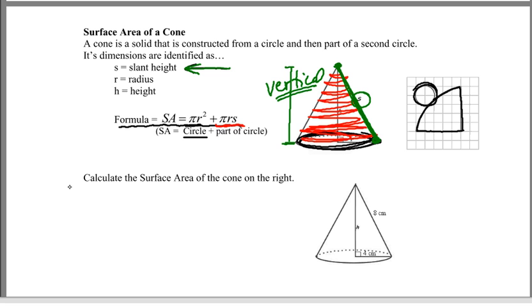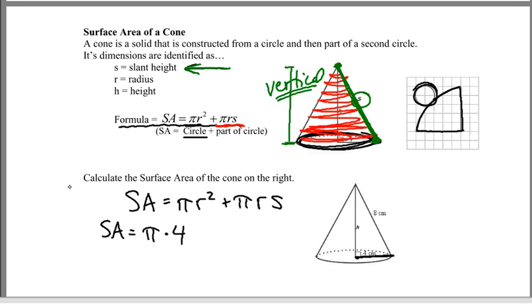So all we have to do is recognize that it's a cone, think of the formula that we're working with, jot it down, and now substitute into it. So surface area is pi times the radius. Well, we can see in this example, our radius of the circle is 4 centimeters.